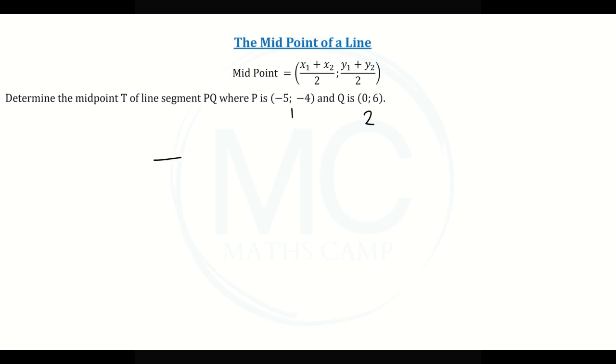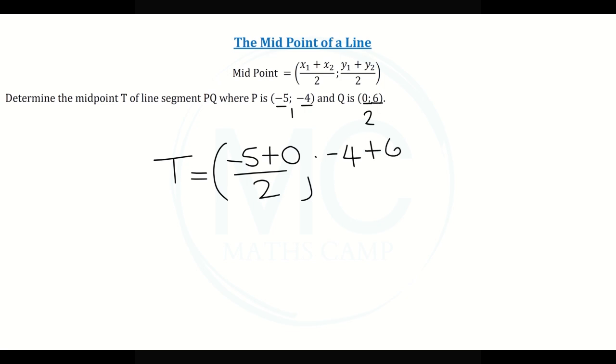Our midpoint is T, so we say T is equal to, open a bracket, the x-coordinate of P, -5, plus the x-coordinate of Q, 0, over 2. And for the y-coordinate of T, we say the y-coordinate of P, -4, plus the y-coordinate of Q, which is 6, all over 2.